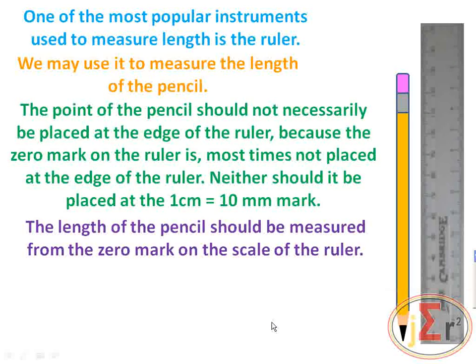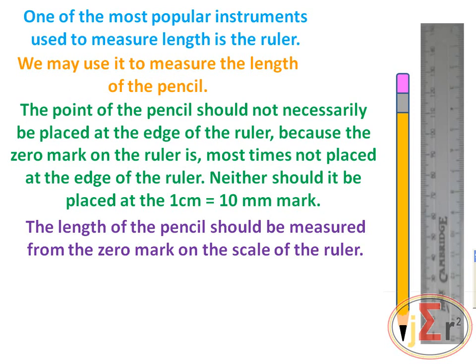The length of the pencil should be measured from the 0 mark on the scale of the ruler. And there's another word, scale. A scale is not necessarily something that you use to weigh or to find the mass of rice, flour, cornmeal, pork, chicken, and so on.